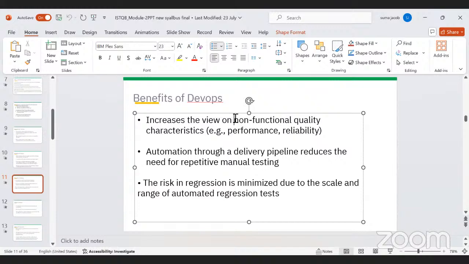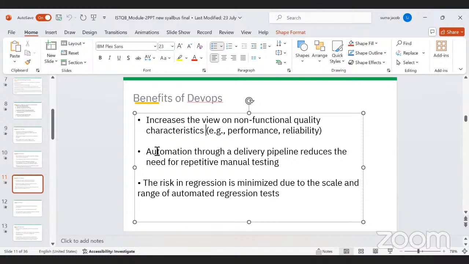So there is an increased view on the non-functional quality characteristics, which normally would happen only once the whole application was developed, whereas with DevOps it could be done for every unit code or every new change pushed into the repository.